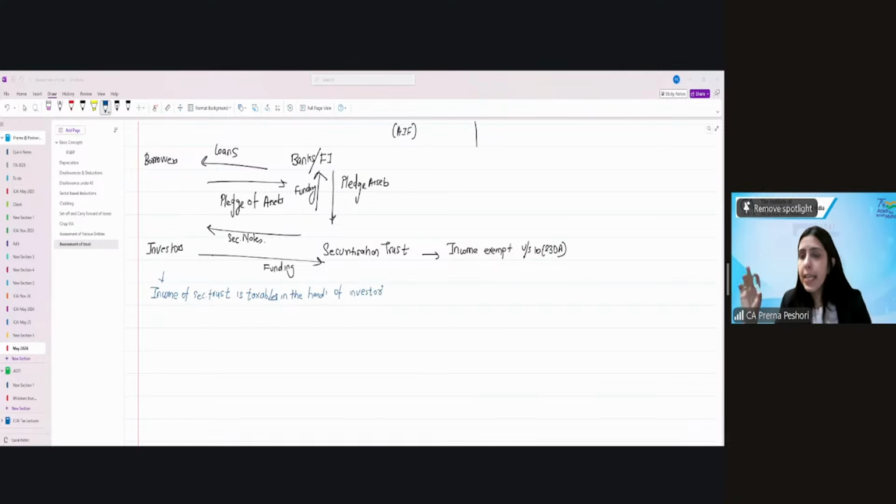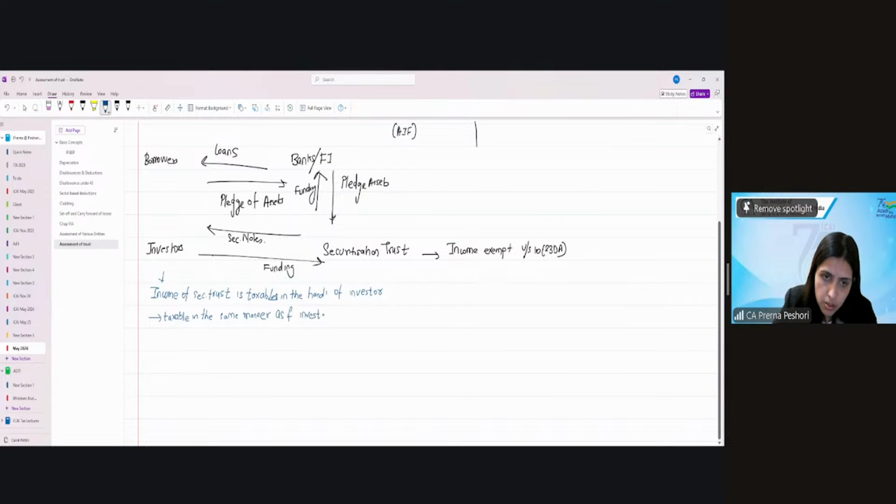Okay? And the income of the securitization trust will get taxed in the hands of the investor in the same manner in which it would have been taxed if the securitization trust had earned it. So it will be taxable in the same manner as if the investor had directly invested in the underlying asset. What does it mean?